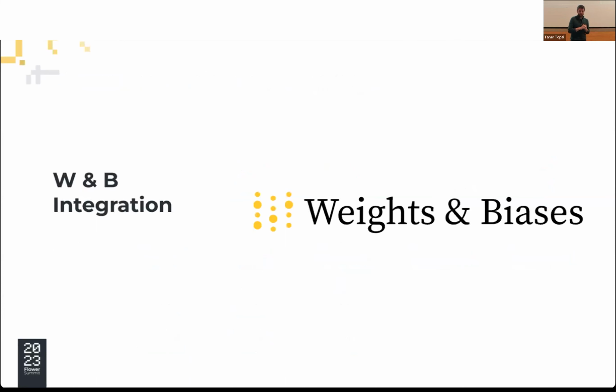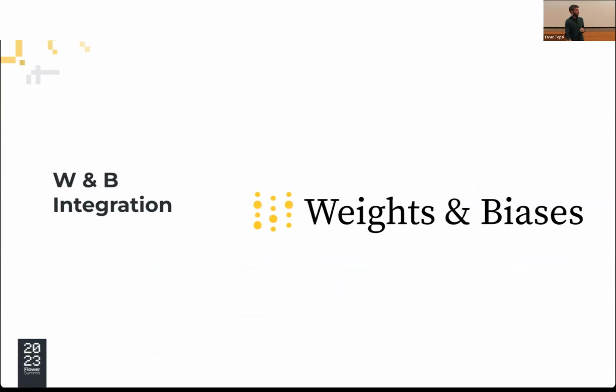Next, we want to announce an official Weights and Biases integration that we're going to release later this year. And I'm not going to go much further into this because we have a dedicated Weights and Biases talk right after my session.